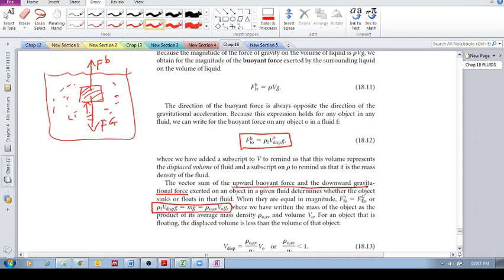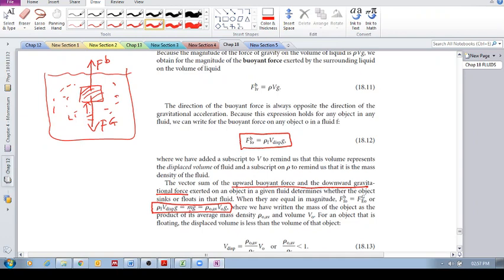That means the buoyancy force, FB, equals the downward gravitational force, mg. On the left hand side we've got the buoyancy force: density of the fluid, the displaced volume, multiplied by g, equals mg. This mg is the downward gravitational force.